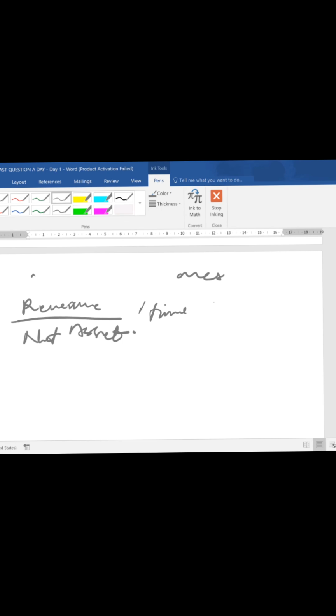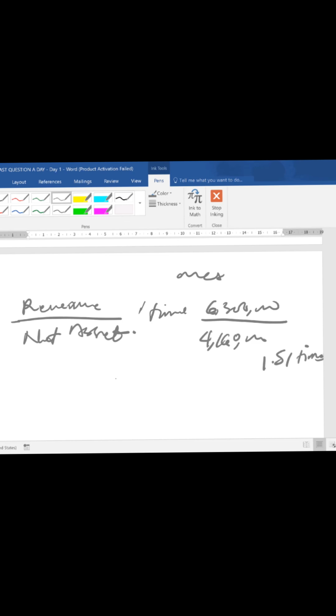So our revenue is 6.3 million. And our net asset is 416. So that is going to give us about 1.51 times.